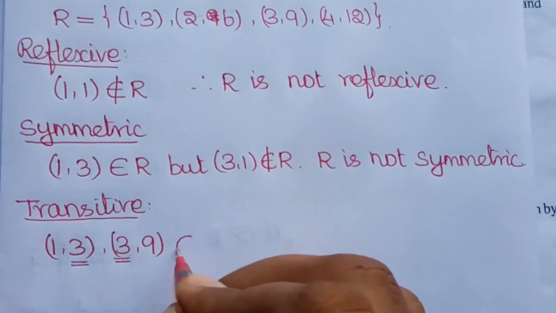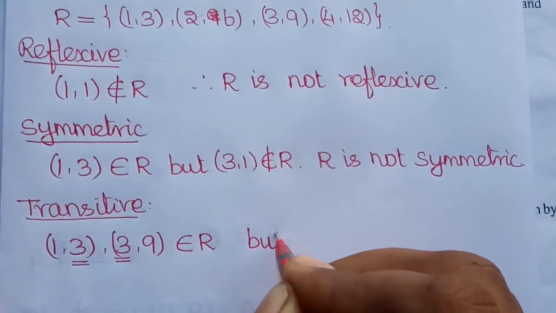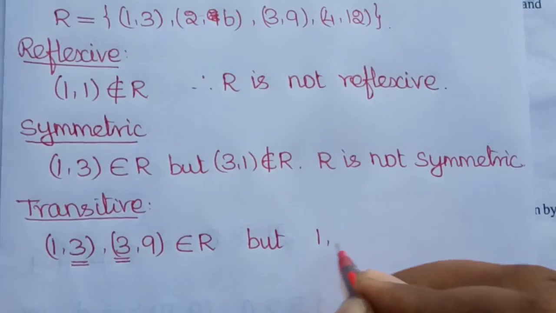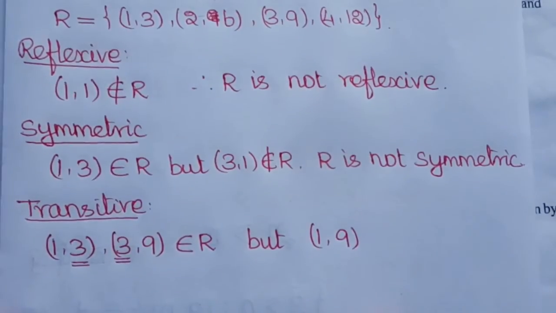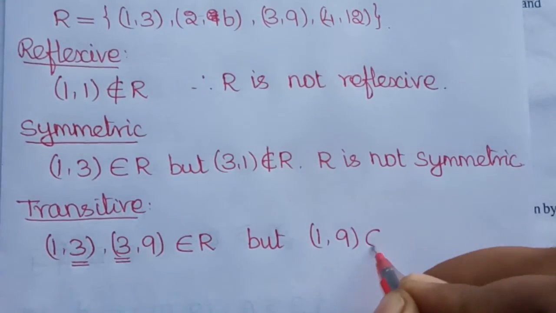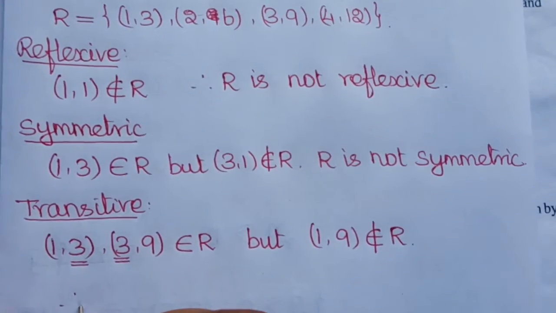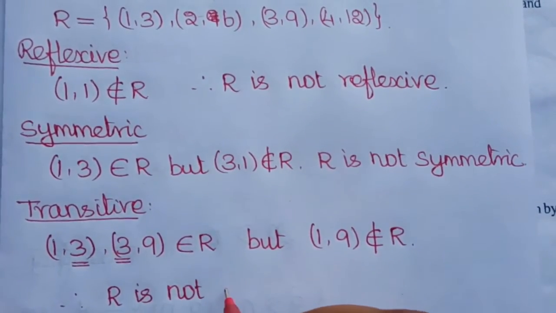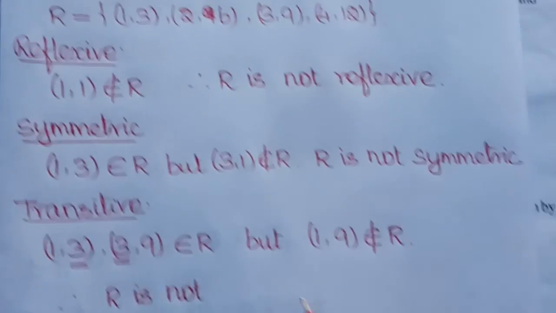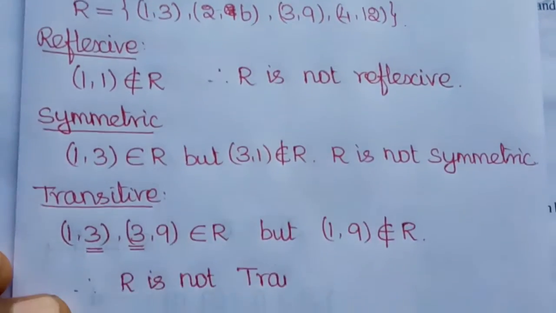These two elements belong to R. Now merging the two ordered pairs, we get (1, 9). Is (1, 9) in the relation? No. So (1, 9) does not belong to R. Therefore the relation R is not transitive.